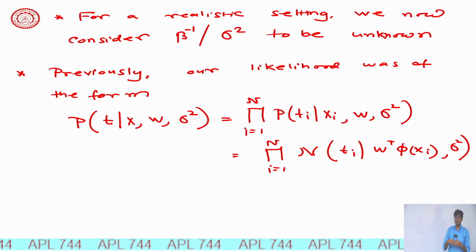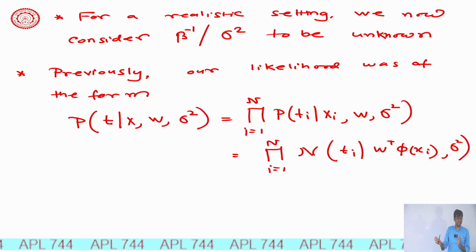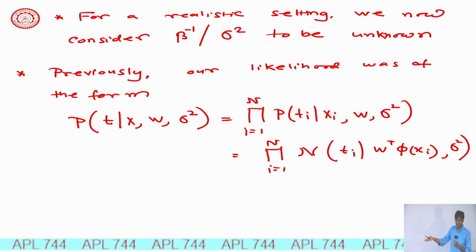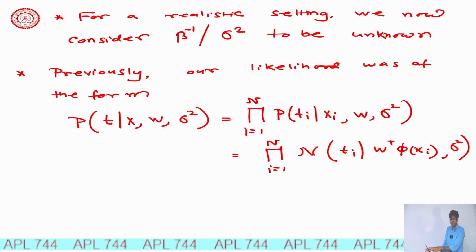Whether theta is something you want to infer or not, it is always on the conditional side. So, even if I want to infer sigma square later, that does not change my likelihood. Sigma square will still be on the right hand side only, as a conditional variable.